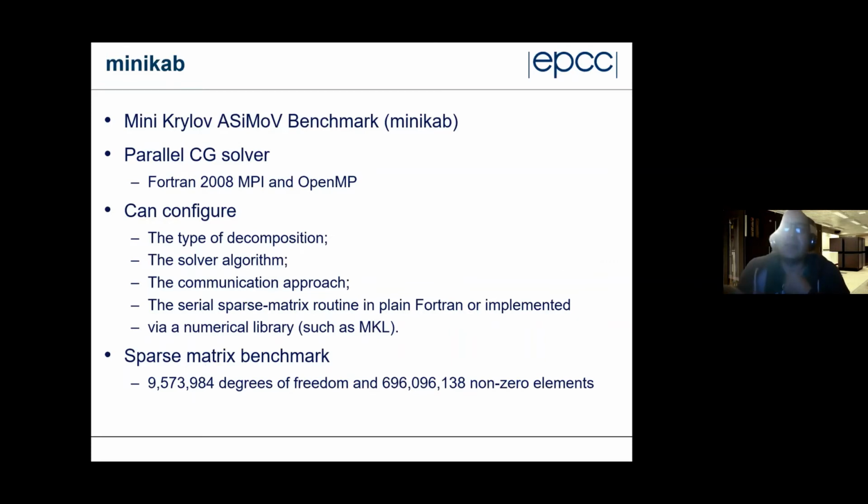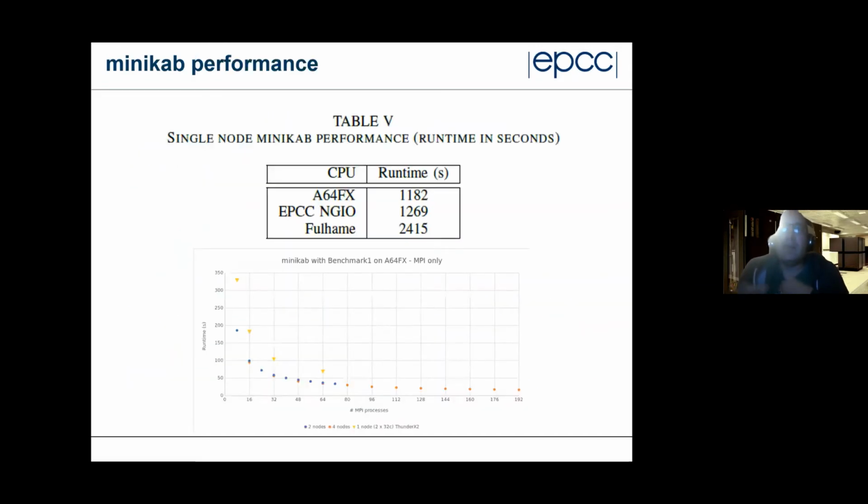It's a sparse matrix benchmark, and we had a look at that on the A64FX as well. Similar to what we saw with HPCG, the A64FX has given us great performance, slightly better than the Cascade Lake system, and quite a lot better than the ThunderX2 based system here. So we can see more than twice as fast as the ThunderX2 based system.